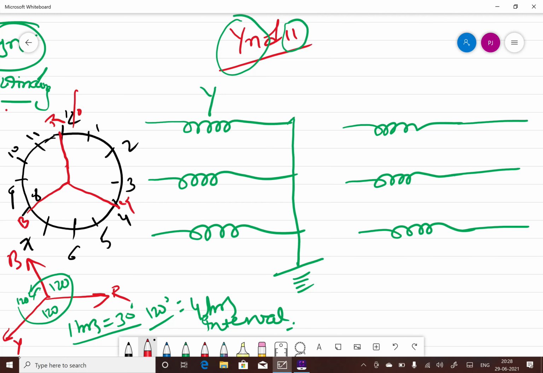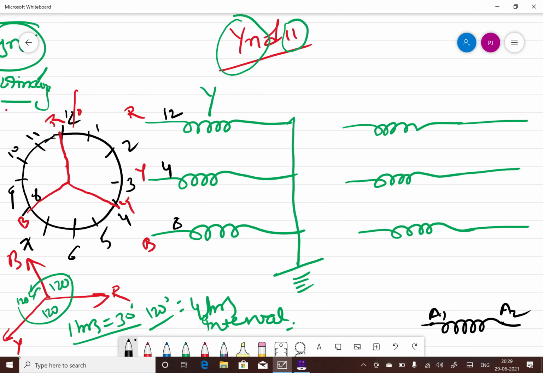So now suppose this is your winding R phase, Y phase, B phase, and similarly this side also. What you have to write simply here is, this is your R phase, at 12. Y phase is connected at 4, and B phase is connected at 8. Now you know that this is your winding, and these are the two terminals of R phase, suppose coil A1, A2.